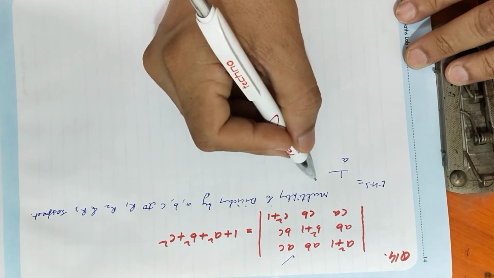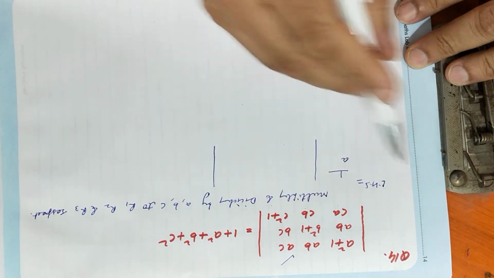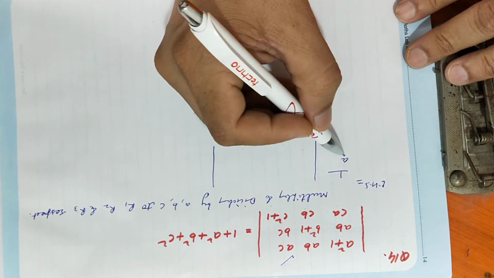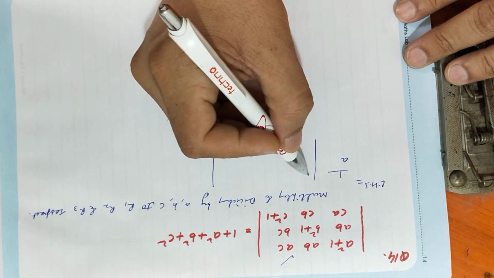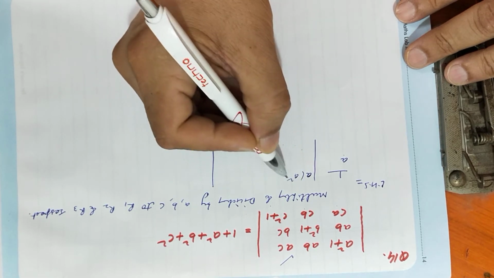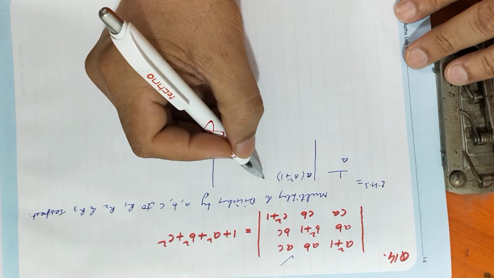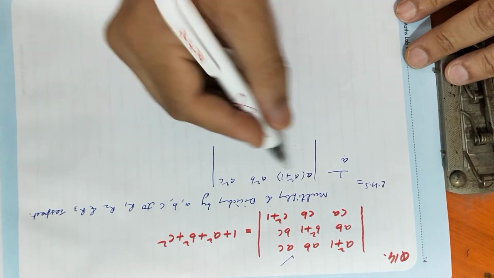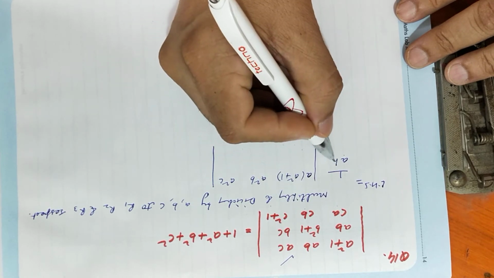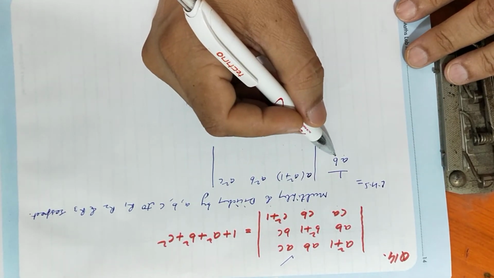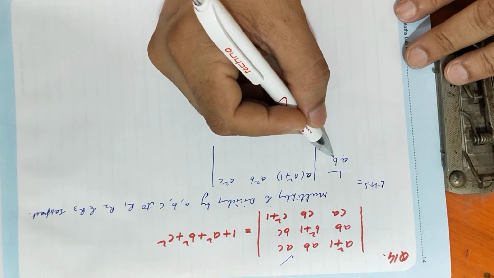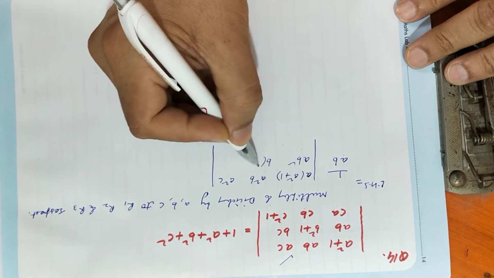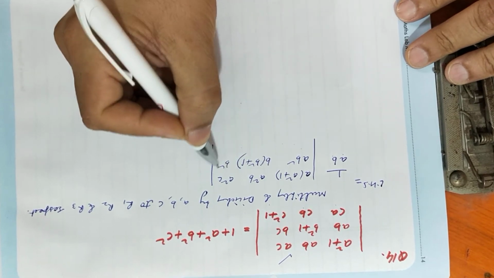We are dividing the first row by a, multiplying and dividing this first row by a. For division we write a outside, and multiplying this by a, we get a into a square plus 1, a square b, a square c. Similarly, we are dividing and multiplying R2: write b outside in the denominator, 1 upon b, and multiplying this by b, we get ab square, b into b square plus 1, b square c.